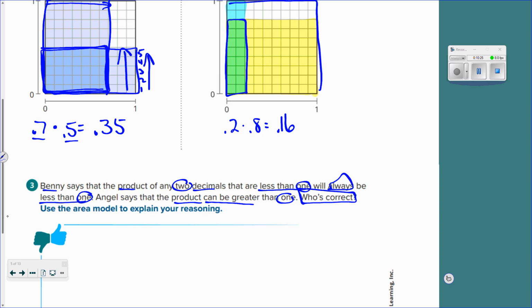I boxed a couple of key phrases for you. Benny says it will always be less than 1. Angel says it can be greater than 1. So tell me who's correct. Use the area model to help you explain your reasoning. I will let you talk about this one as a table. 2 minutes.